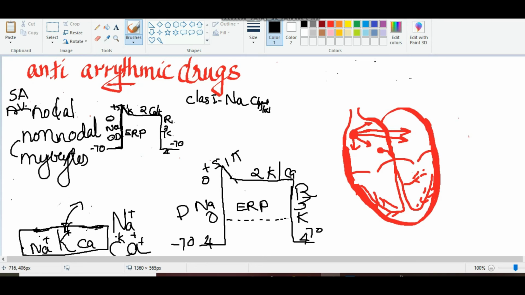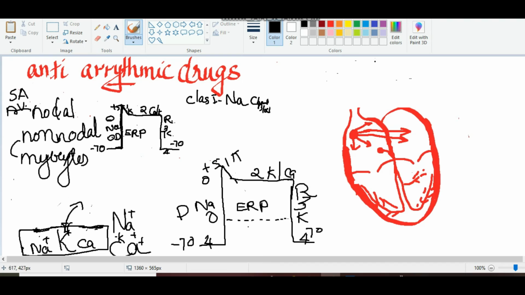That means this is a full cycle of the heartbeat. Once a heartbeat begins, it has to go through that cycle. If the ERP is prolonged, the heart rate is going to be slower.